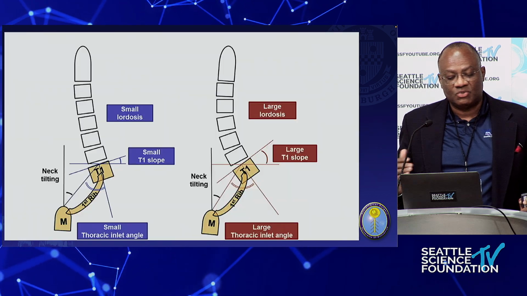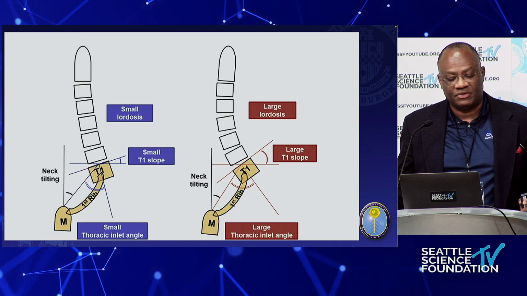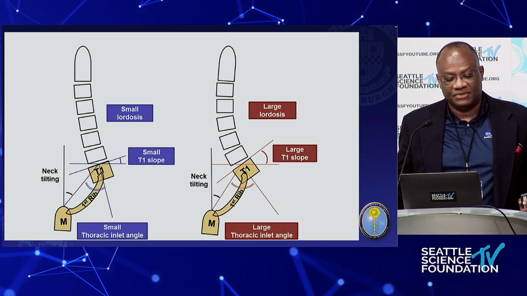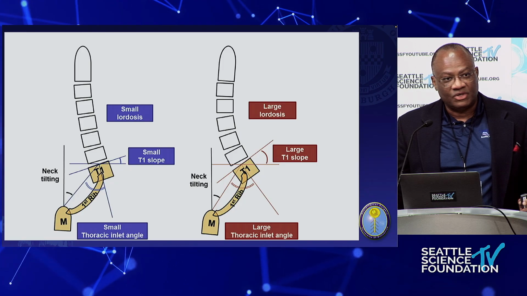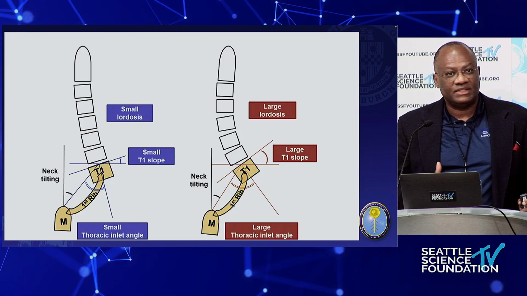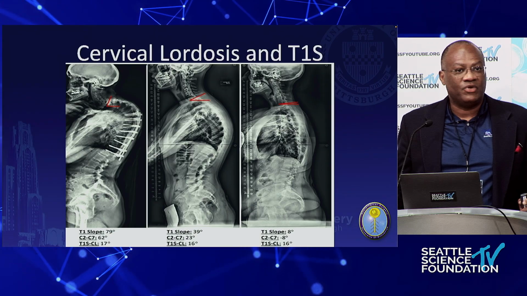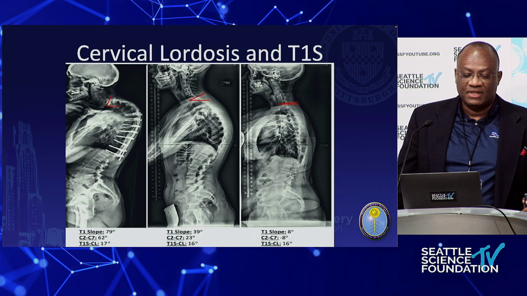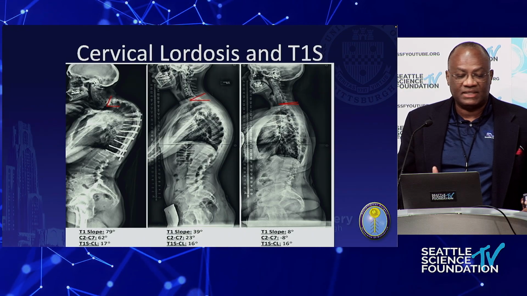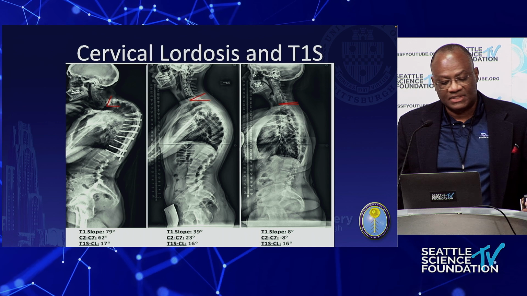So if you have a small T1 slope, you need a smaller cervical lordosis to maintain horizontal gaze, versus a large T1 slope, which needs a large lordosis to maintain it. And really, this could be iatrogenically done, or this could be a result of normal degenerative physiology. So in the first panel to the left, the patient who has had their thoracic capacity restricted has adjacent cervical disease.